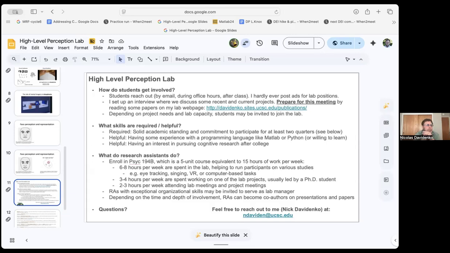I haven't done much research myself on that, but we do sometimes administer the VVIQ, which is a test of visual imagery vividness, and we do sometimes make predictions for some of our studies based on whether somebody is high or low on that scale.